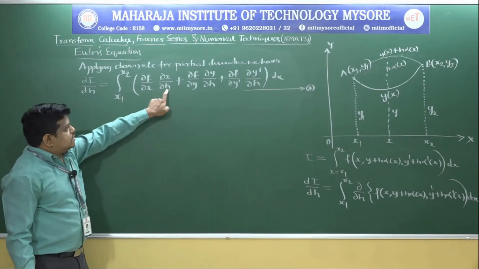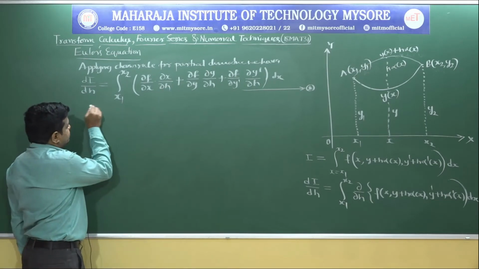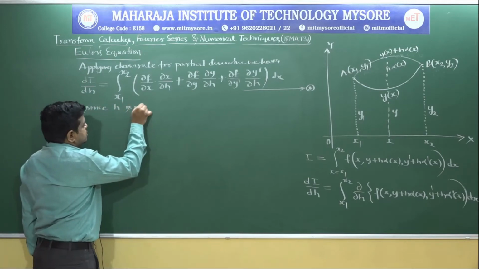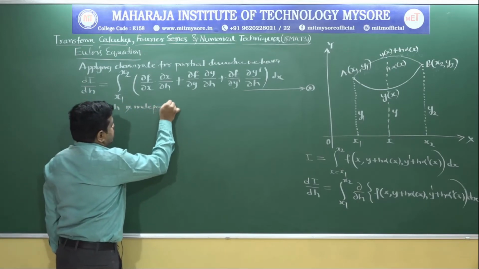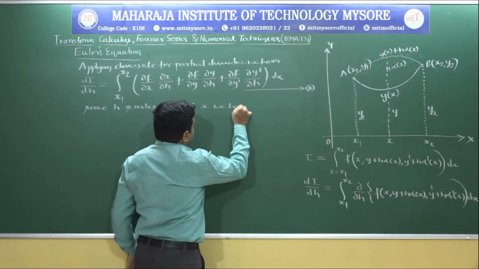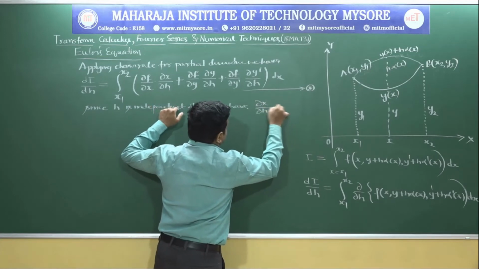Next, since h is independent of x, dou x by dou h becomes 0.